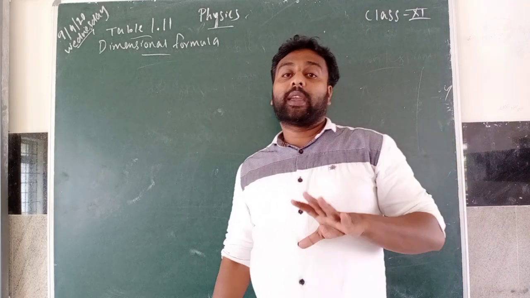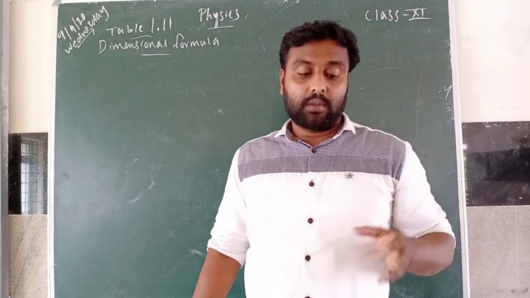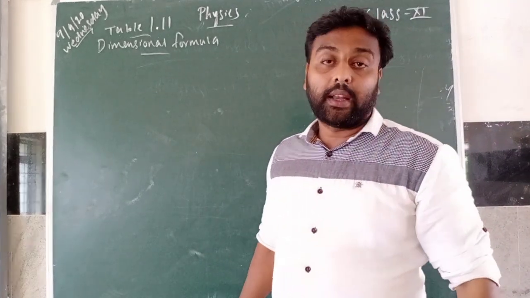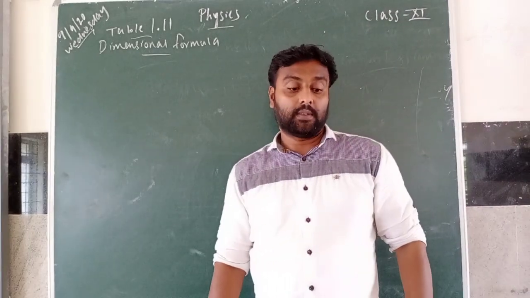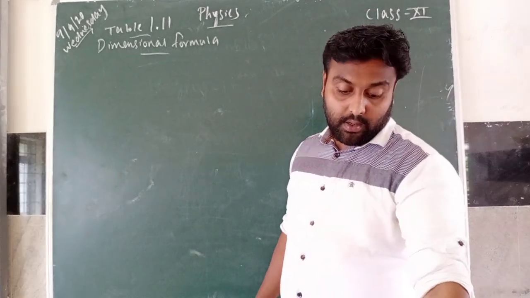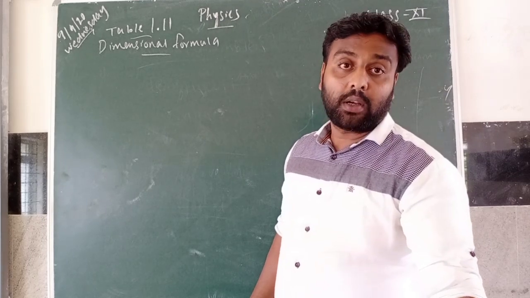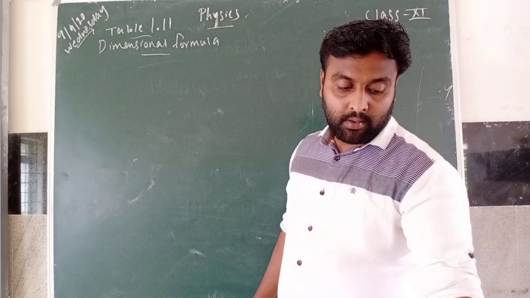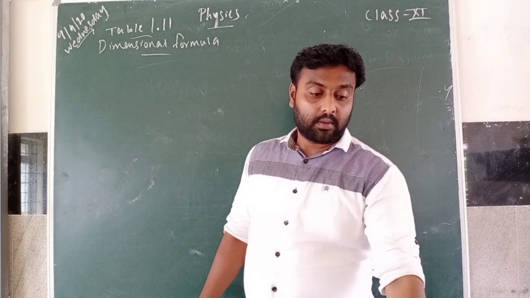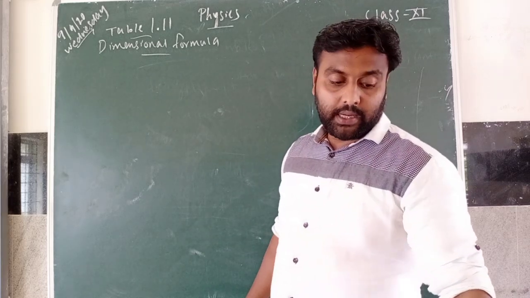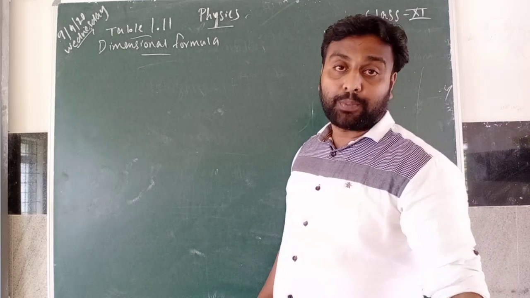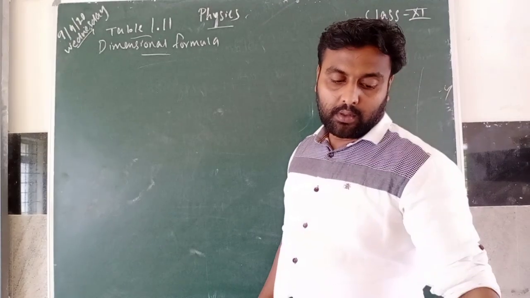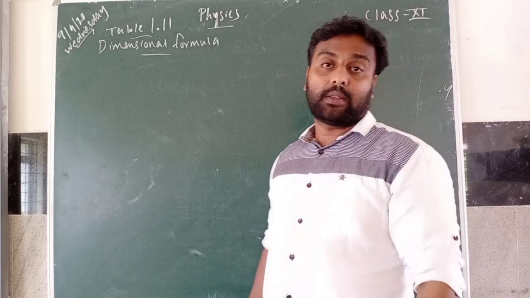How can we find the dimensional formula for all the derived quantities? You can see it on page number 31, table 1.11. Here there are many derived quantities, their expressions, and then the dimensional formula.